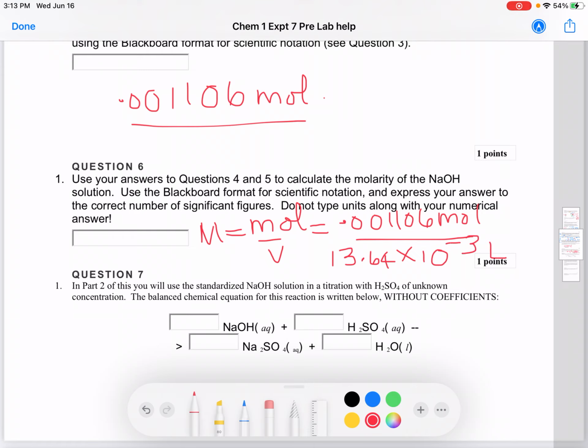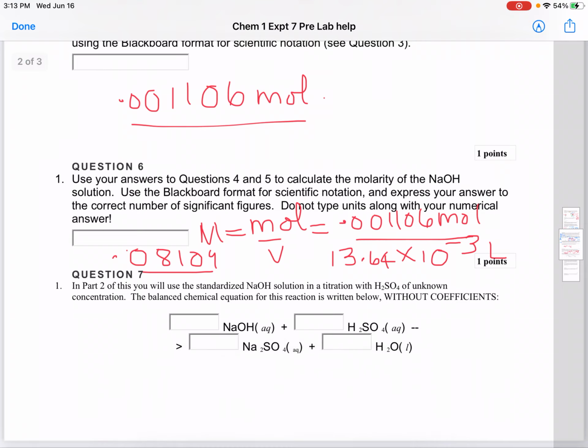When you convert it to liters, it would be 10 to the negative 3, right? Because 10 to the negative 3 liters equals 1 milliliter. Okay, so you do this calculation and get the answer. But again, do not depend on my answer. You do your own calculation and see what you're going to get. So that would be the molarity of sodium hydroxide.